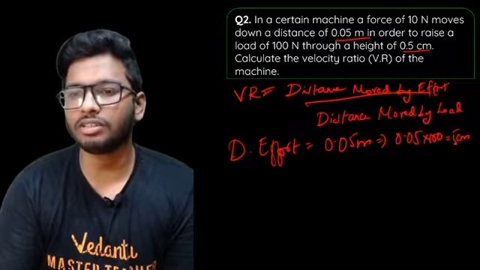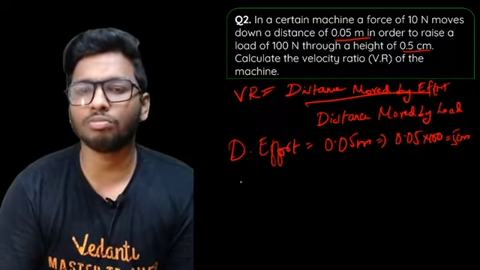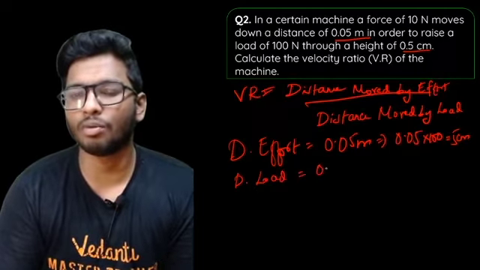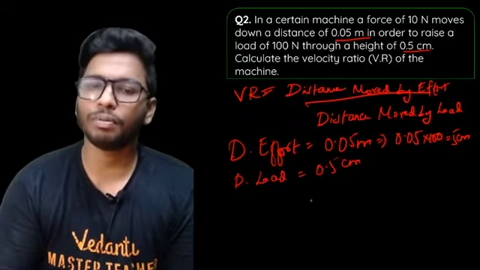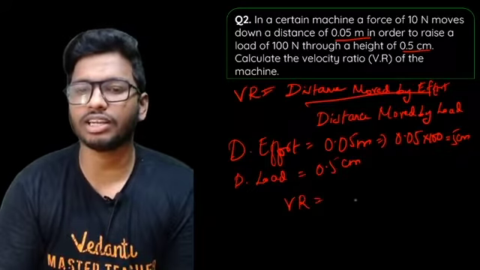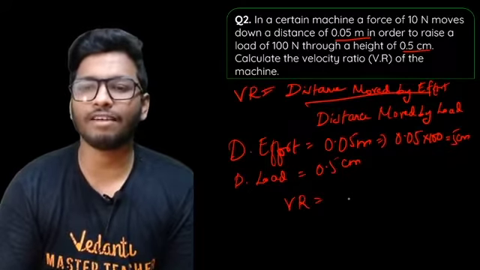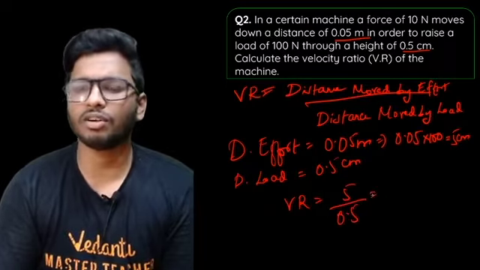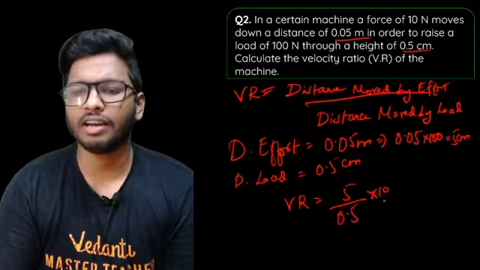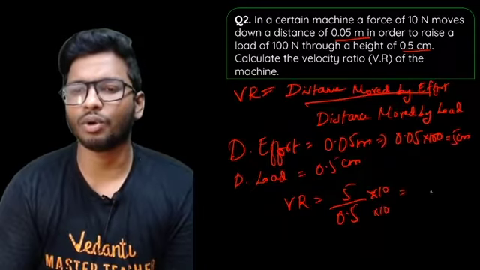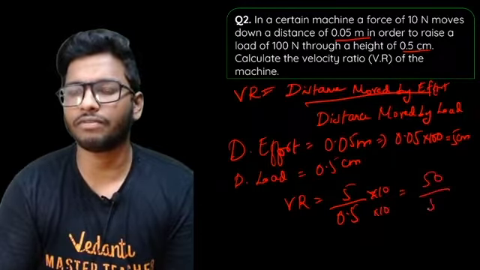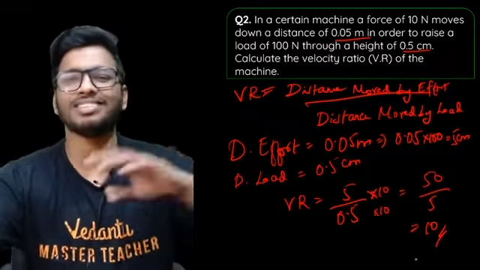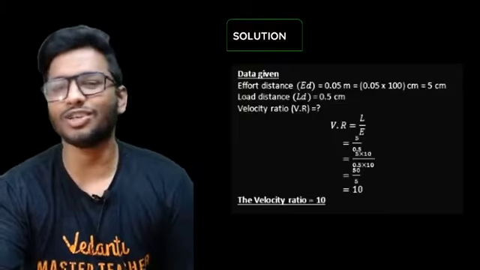And the distance moved by the load is already given to us, 0.5 centimeter. So putting it in the equation, velocity ratio is equal to the distance moved by the effort, which is 5, divided by the distance moved by the load, which is 0.5. You can multiply by 10 and divide by 10, so you would get 50 divided by 5, just to make your life easier. So the right answer would be 10. As simple as that. The velocity ratio would be 10.